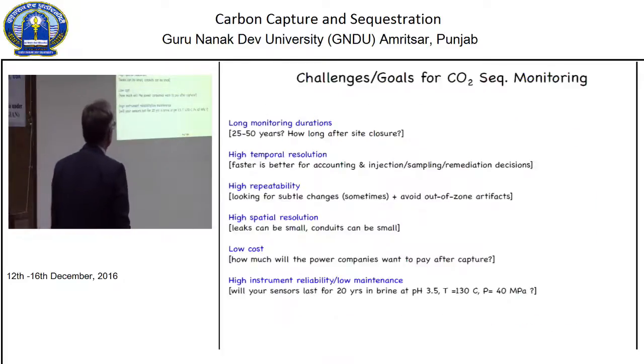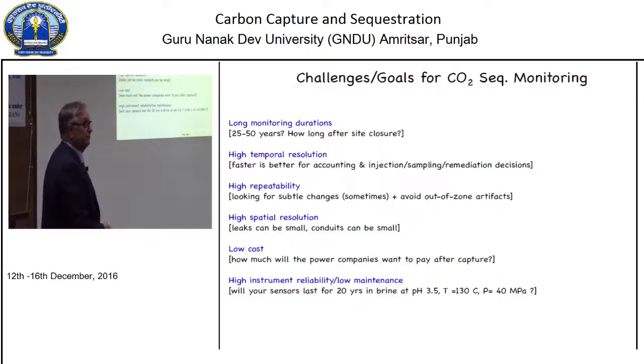So the challenges then for monitoring is we need to monitor for long periods of time. If we're going to pump CO2 underground for 50 years, we need to monitor probably at least 50 years after that happens. We need time resolution. We need reproducibility. We need space resolution. It has to be cheap.